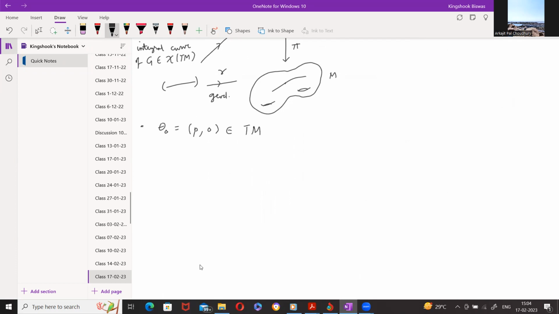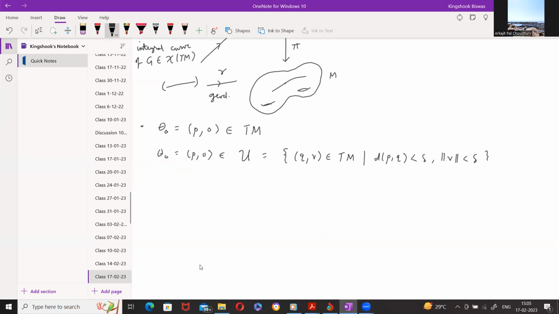This theta naught belongs to this neighborhood U, where my integral curves are defined for time at least epsilon. So distance PQ less than delta, norm V less than delta.